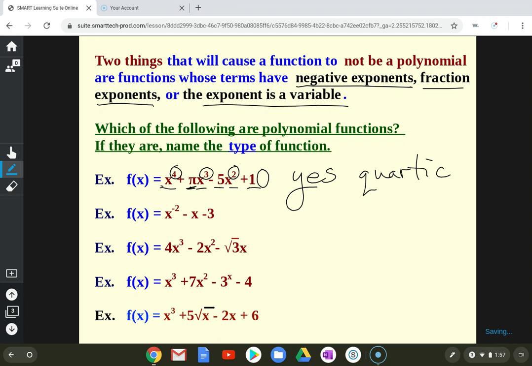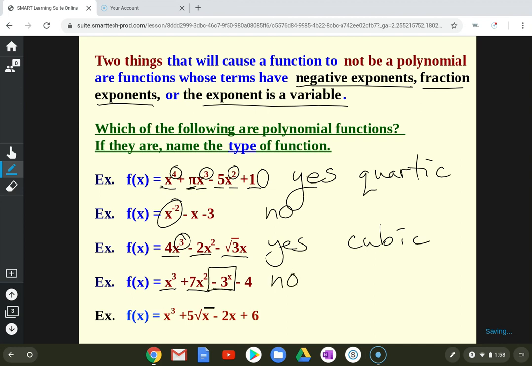This next one, we have a problem. We have a negative exponent on a variable, so not a polynomial. This next one, 4x cubed minus 2x squared minus root 3 x. Yes, this is a polynomial. Root 3 is a real number. The degree is 3, which means this function is cubic. x cubed plus 7x squared minus 3 to the x.